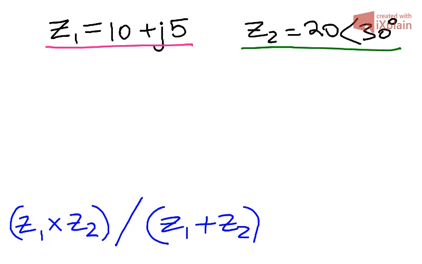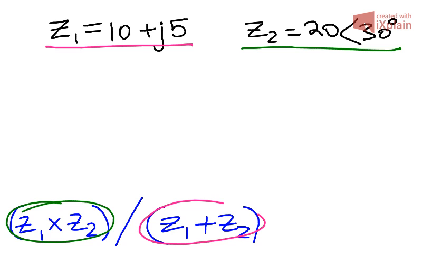So of course then we probably will have converted Z1 into polar form to match with Z2 for the multiplication, and then we would have converted Z2 into rectangular to add on the bottom, so they would be different again. So it means we would need to change either the green or the pink one, so the polar into rectangular or rectangular into polar, to be able to do the final calc.